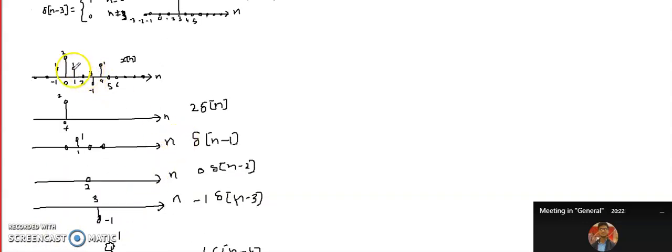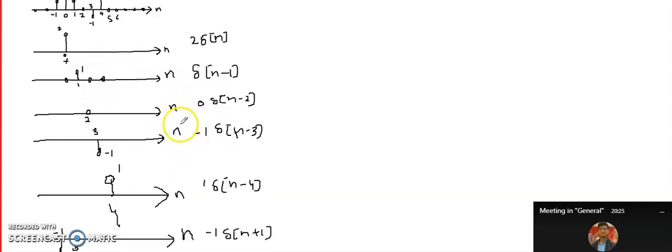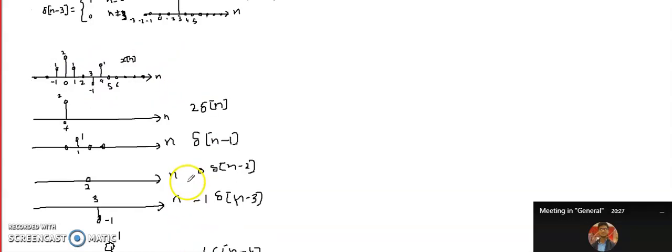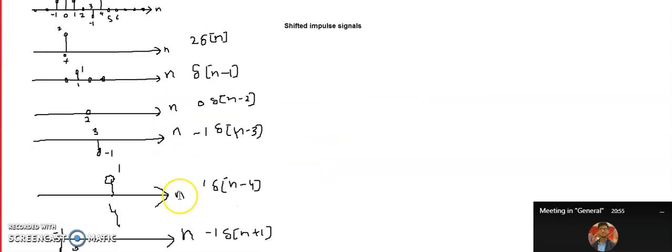So we can divide xn into these kind of shifted, these are called shifted impulse signals.